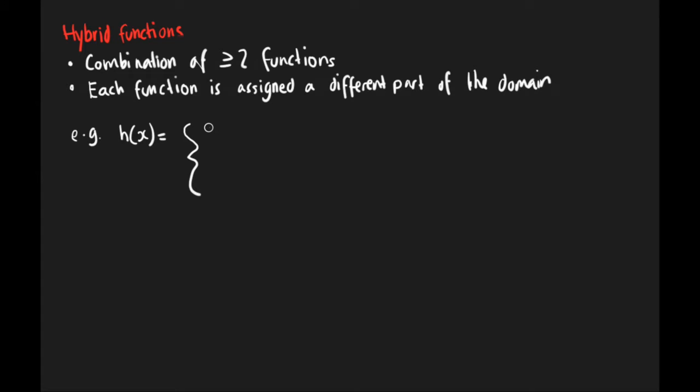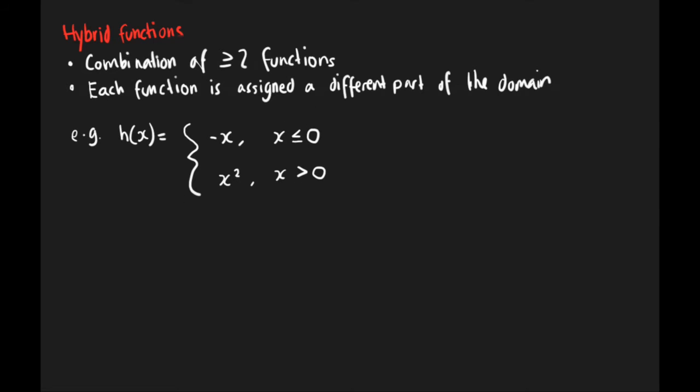For example, here we could have negative x. That's the first function, and the domain that we're giving it is x is less than or equal to 0. The second function we'll combine is x squared, and the domain we're giving that is x is greater than 0.